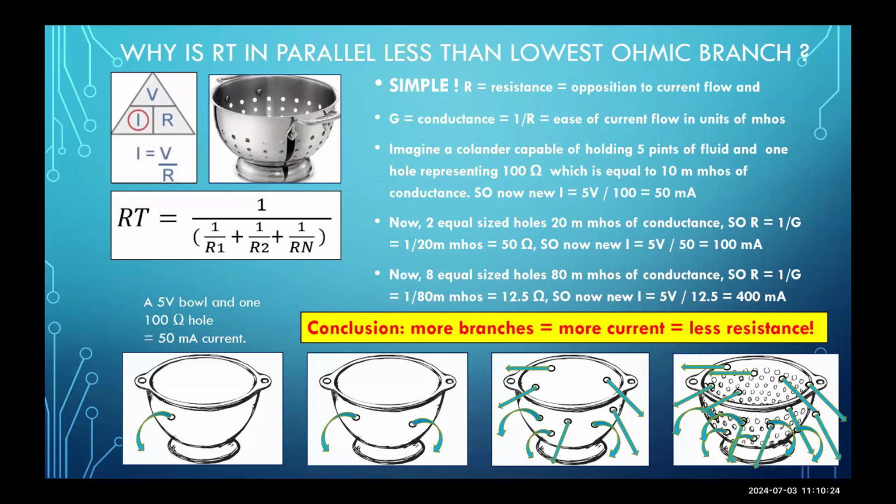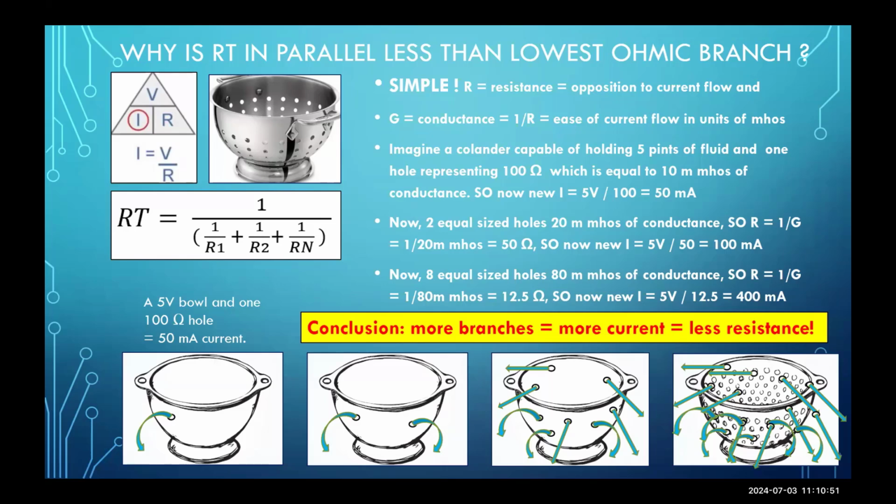So now with two holes, we have 20 millimhos of conductance. So how do I calculate R in this case? R is calculated as the reciprocal of G. So what is the reciprocal of 20 milli? It's 50 ohms. Two holes has now changed the resistance from 100 ohms down to 50.